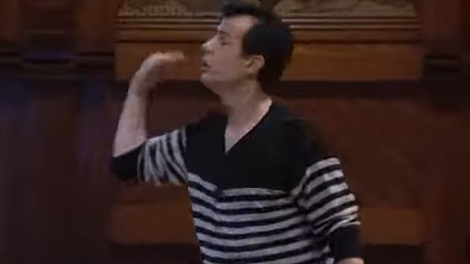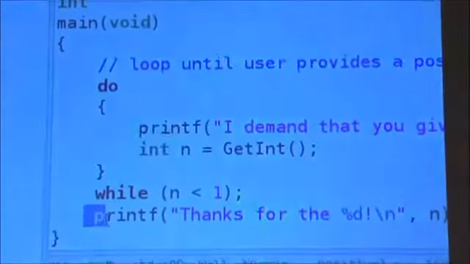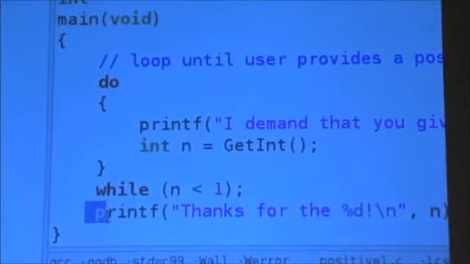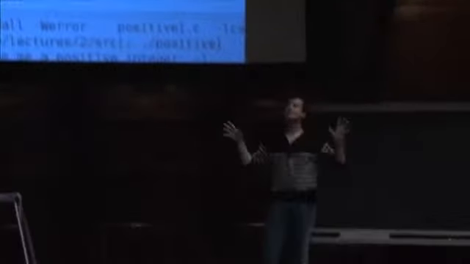So int n, as declared here between those curly braces, only exists in your computer's memory while you're executing code in between those two curly braces. The moment you pop out of that loop, for instance, at the very last line, n is gone. The RAM, the memory that it was occupying, those 32 bits, have been taken away from you, reclaimed for some other random purpose in the computer, and you no longer have access to those bits. And thus, n is out of quote-unquote scope.